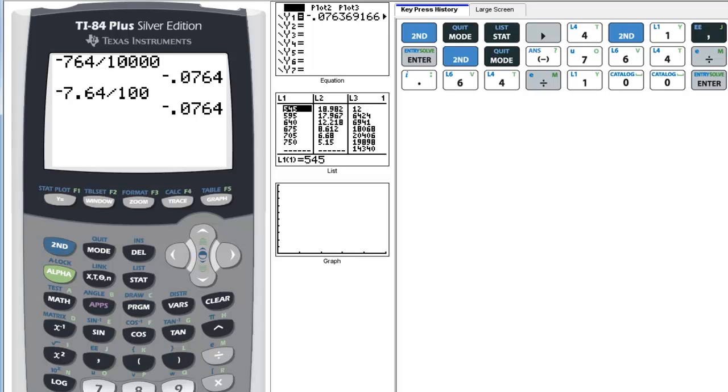So if you remember, the numerator units, the response variable units, are interest rate percentage points. And the denominator units, or the explanatory variable units, would be FICO score points. If we're using this particular ratio, negative 7.64 over 100, basically what we're saying is that for every 100-point increase in your FICO score, the interest rate you're going to be charged is going to decrease by roughly 7.64 percentage points.